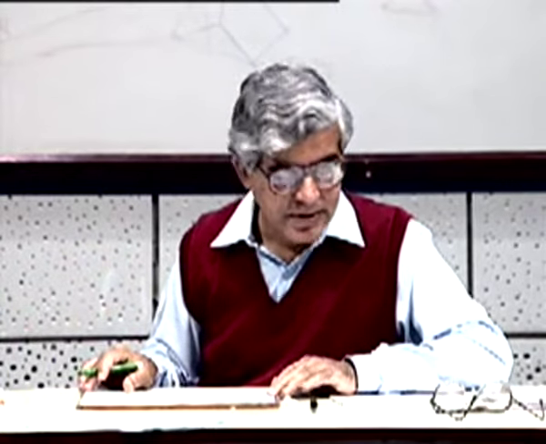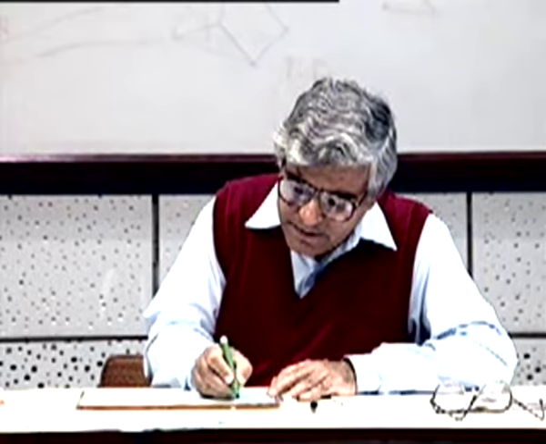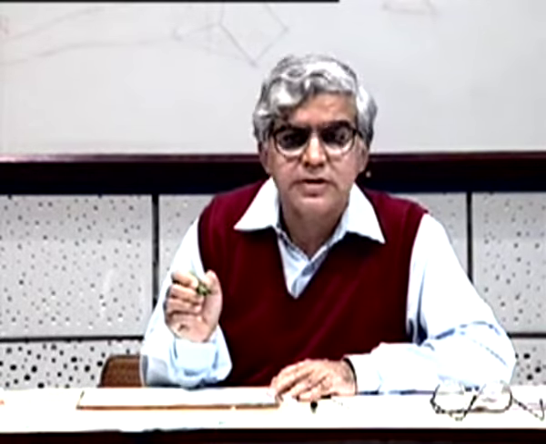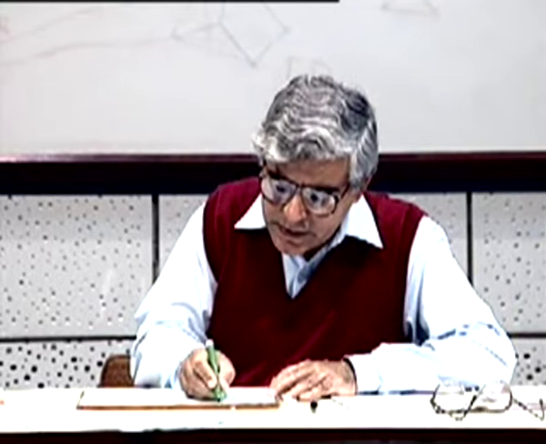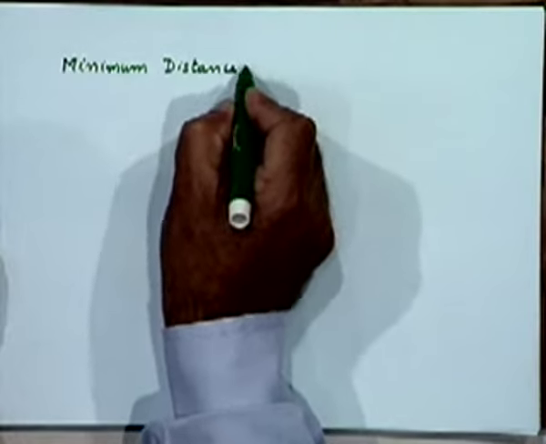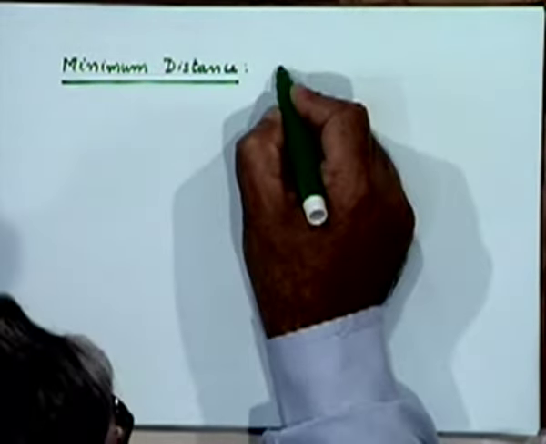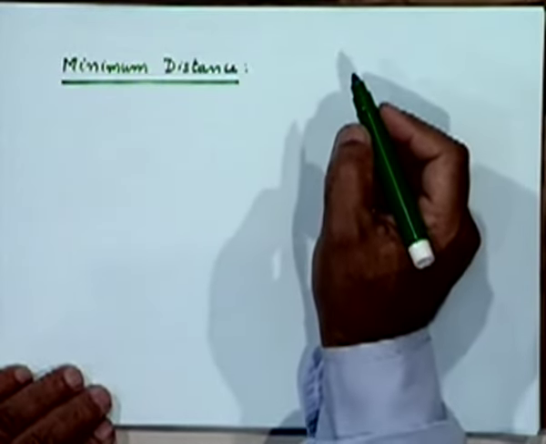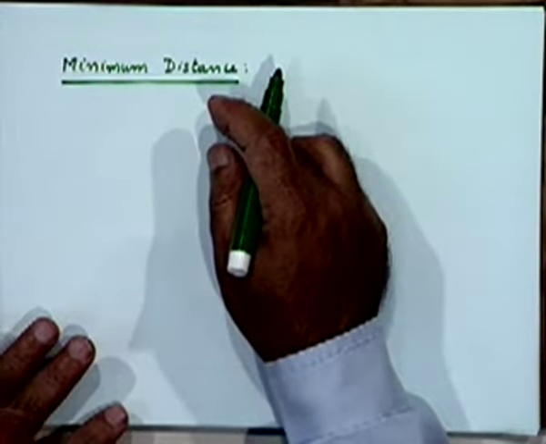The next parameter that is of interest is a very important performance parameter of the constellation. It's called the minimum distance on a signal constellation, and I think by the very term you know what it means.